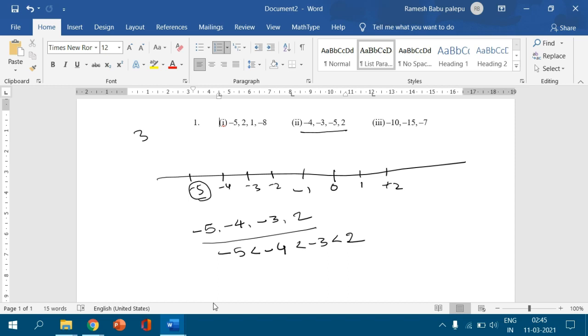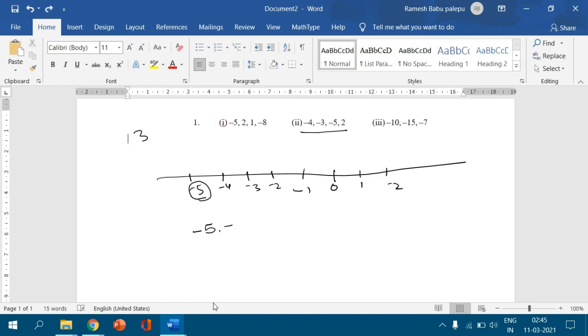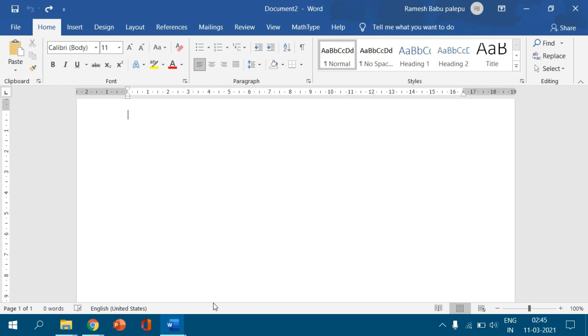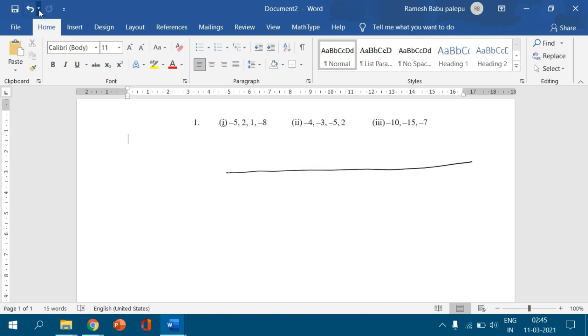Okay friends, I cleared this one, and to solve the next item, the third one, there are only negative numbers. Here we can observe that the negative value with the highest magnitude is the least value.